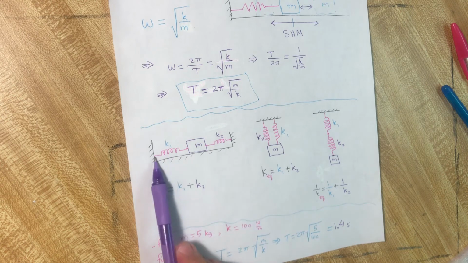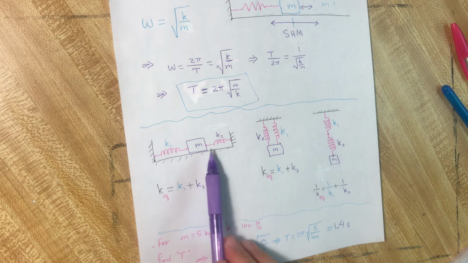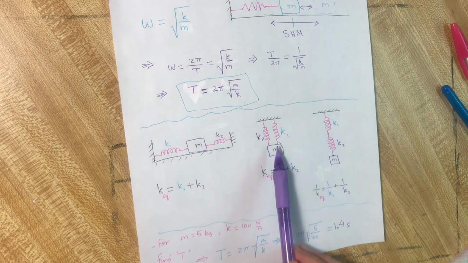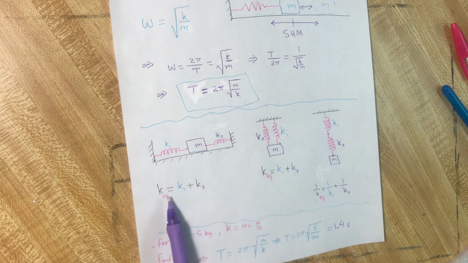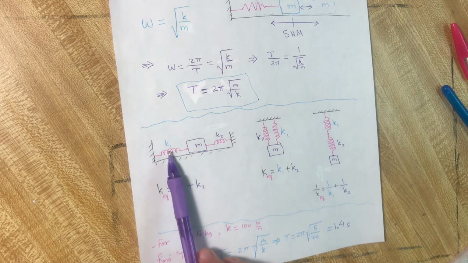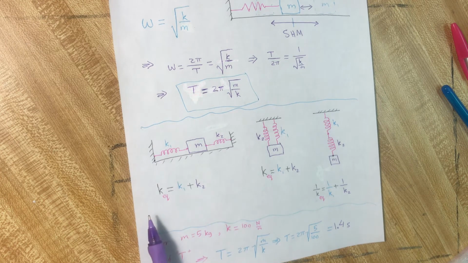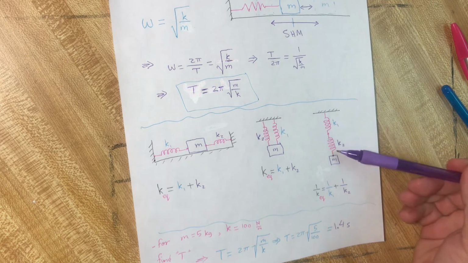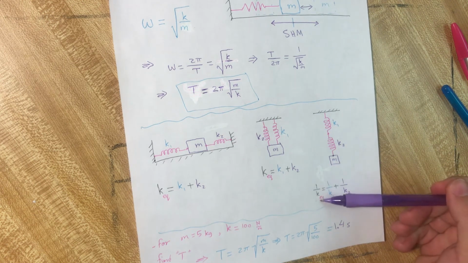For this system, the mass is hanged with two springs. It is the same as parallel. So the equivalent constant will be equal to the first constant plus the second constant. Look, if we have a series system, then it will be 1 over the equivalent.